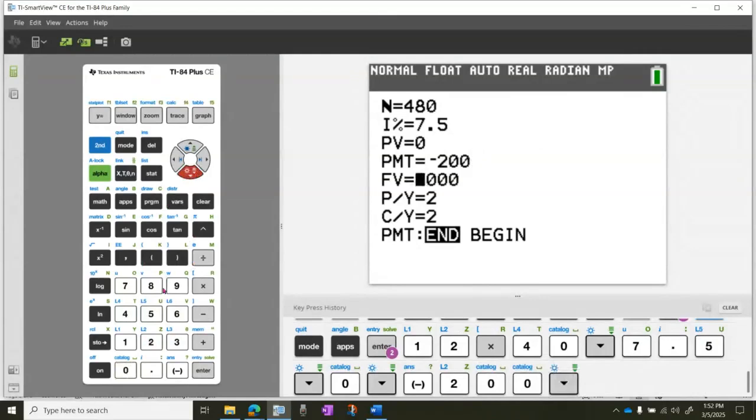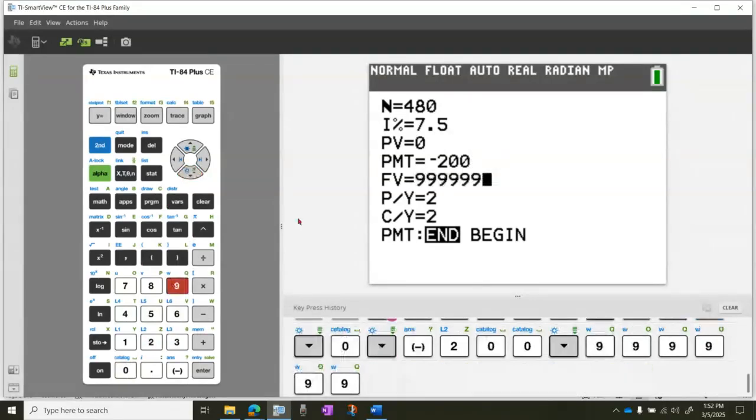For the future value, we don't know how much. We're going to solve for it, right? I always put the 9999 to hold the place. P per Y is the number of times you deposit your payment per year. You deposit $200 at the end of each month, so 12 times a year. Same with C per Y, the number of compounding periods per year.